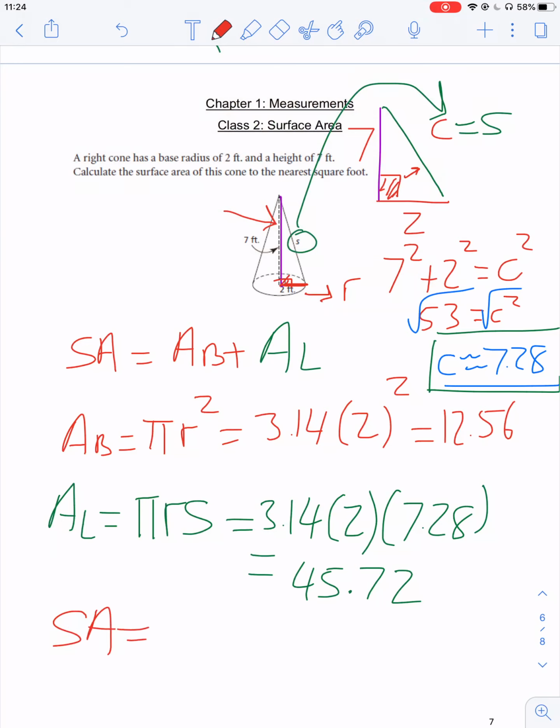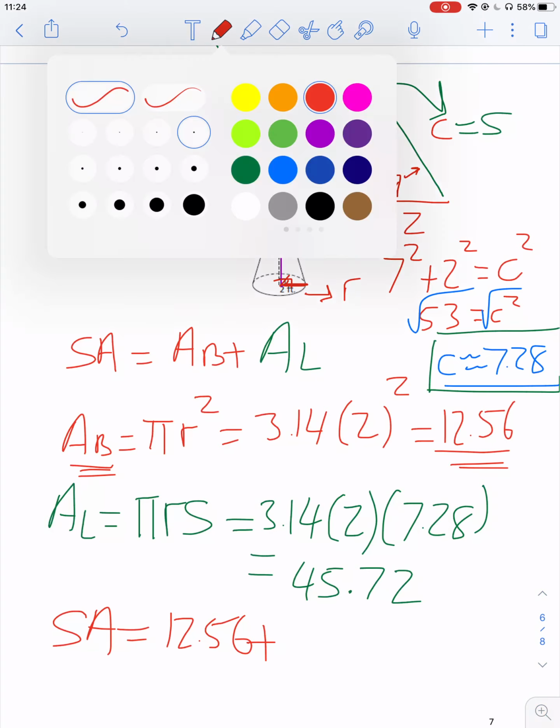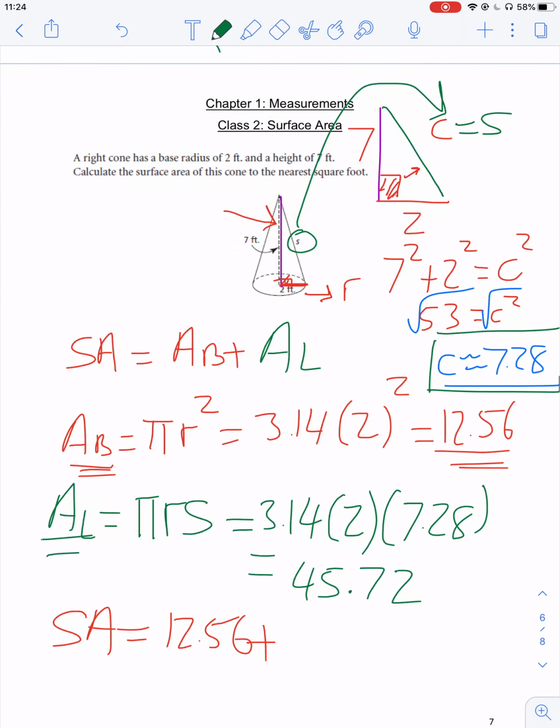So surface area equals AB, which is 12.56, plus AL, which is 45.72. When you add this up, 12.56 plus 45.72 gives me 58.28.